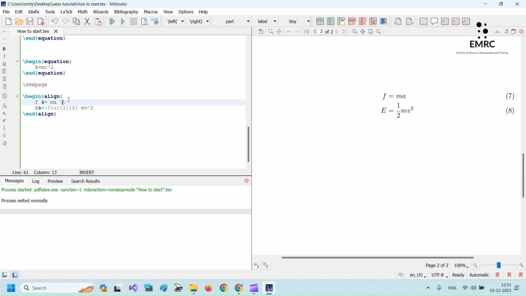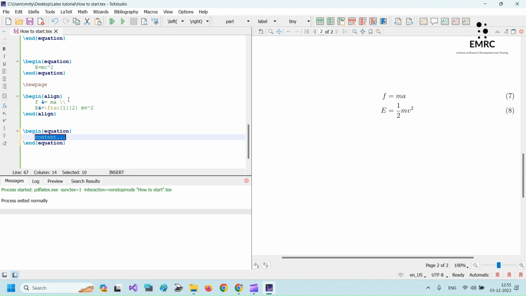Now come to more complex equations, like suppose I write begin equation and binomial function.